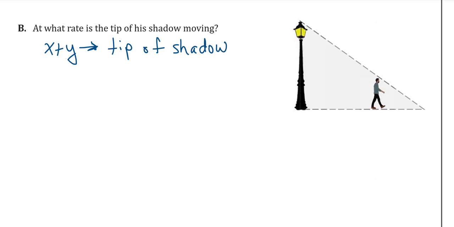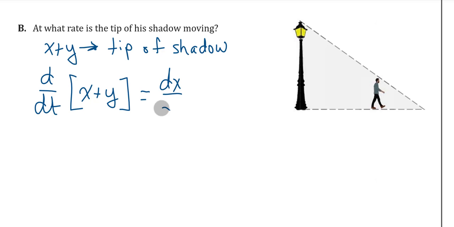Okay, so our change, I know we don't have a real equation, we have a relationship here, but I will get there eventually. This is going to be dx/dt plus dy/dt. Okay, we have these two rates, so this is just a simple addition problem. So dx/dt is the rate at which he is walking away from the light.